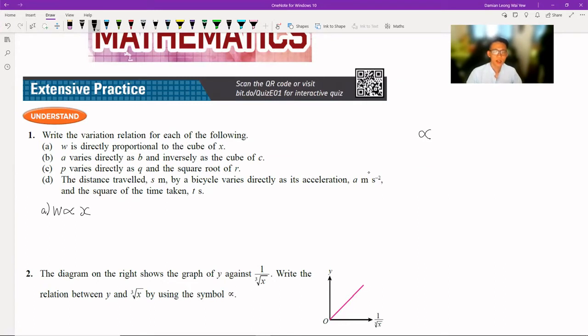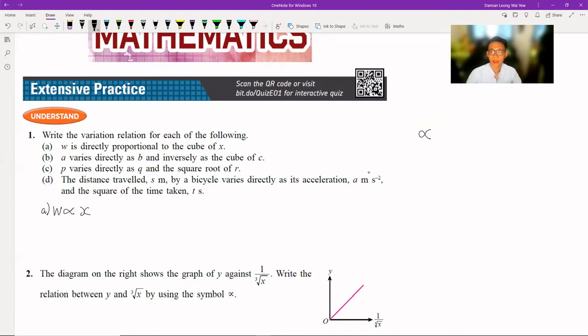If it varies inversely, what does inversely mean? It will be the opposite. When one value increases, the other value decreases. Directly proportional or varying directly means one increases, the other one increases, at a constant rate. If it varies inversely, one increases, the other one decreases.